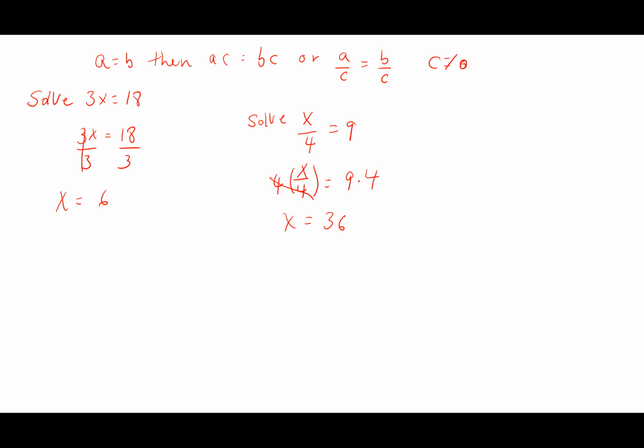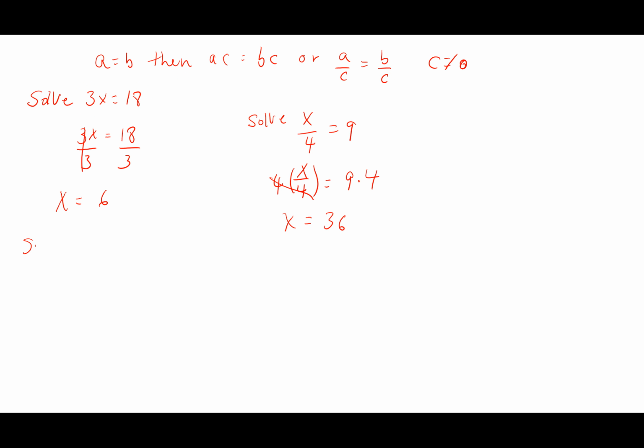Okay? Now, when you have more than one operation indicated, so if you have a multiplication and an adding, or a multiplication and a subtracting, you undo the additions and subtractions first, and then you undo the multiplication and division. So as a rule, you always do addition and subtraction before multiplying and dividing. So let's look at one of those.